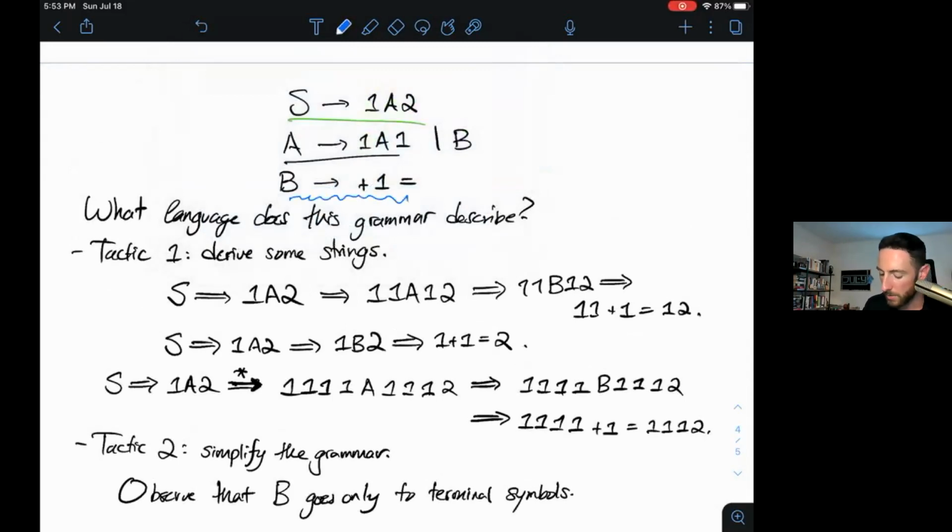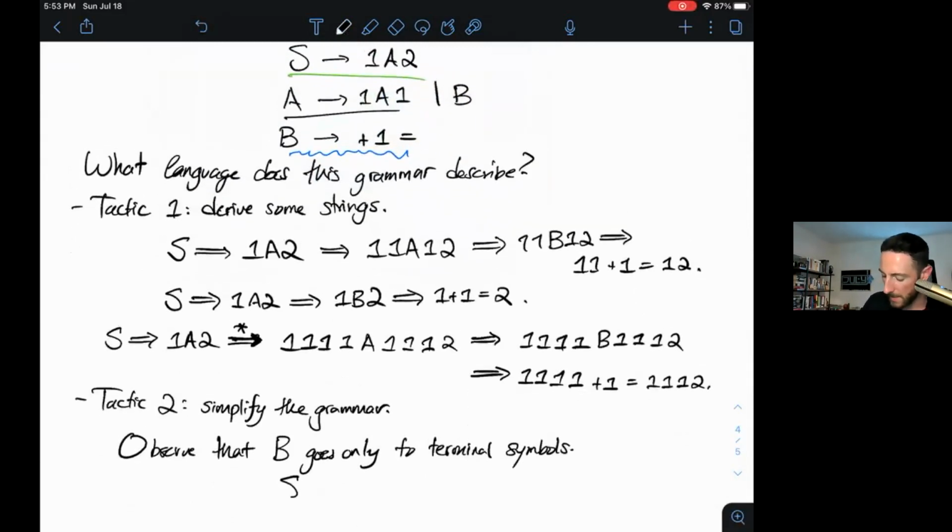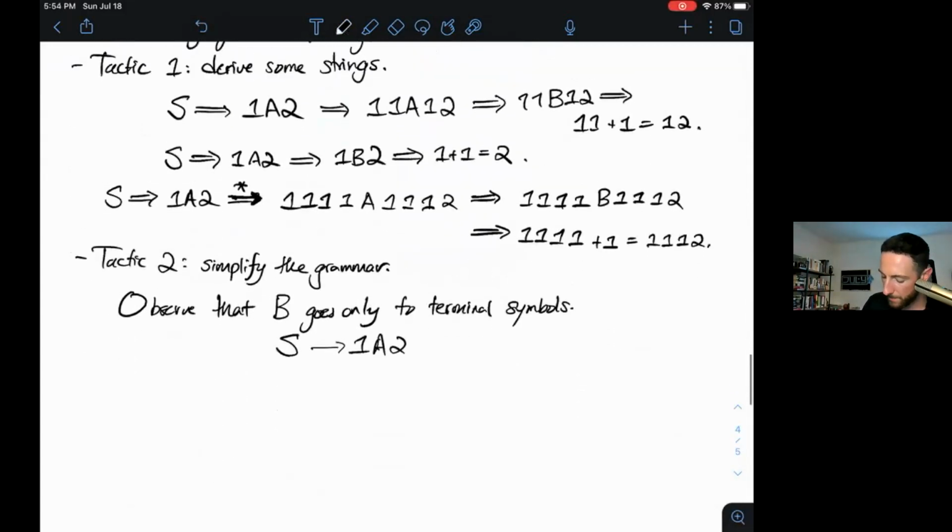B will turn into this string plus 1 equals. So I can actually go back and substitute this string plus 1 equals in for B and create a simpler grammar. I can say S always goes to 1A2, and then A goes to 1A1, or it goes to B, but B always goes to plus 1 equals.